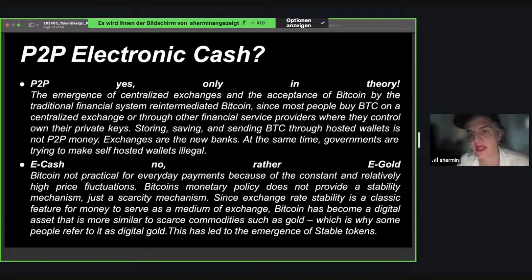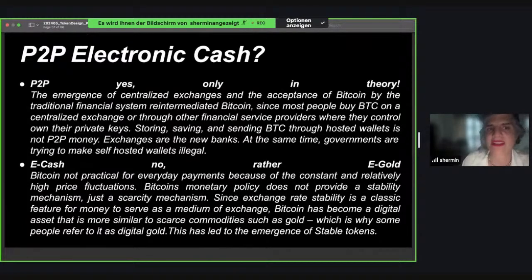Since most people today who buy Bitcoin buy it on centralized exchanges, they don't own their private keys. So when they send, store, or save Bitcoins, they usually do it through hosted wallets, and this is basically using crypto through banking services.